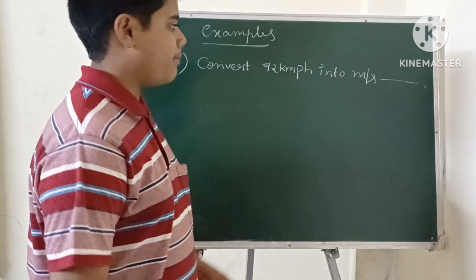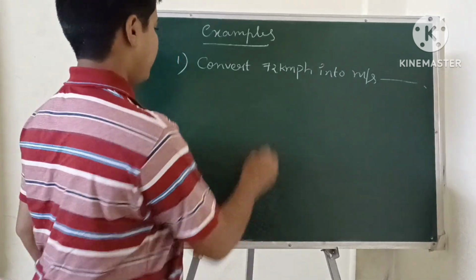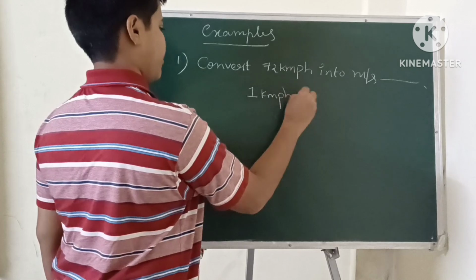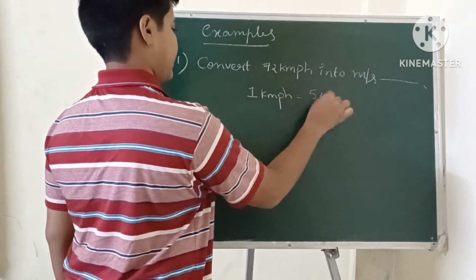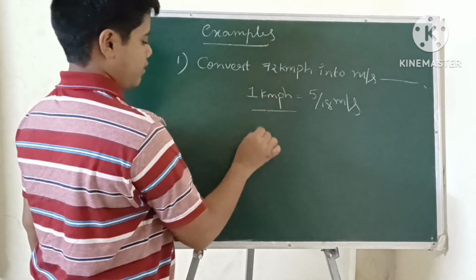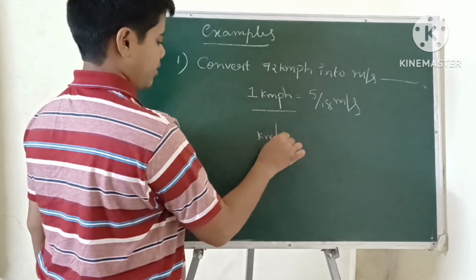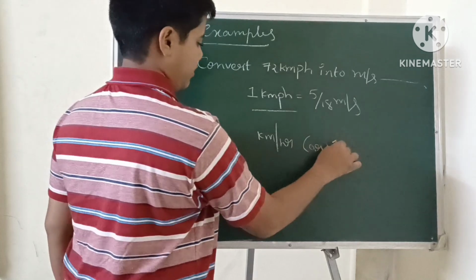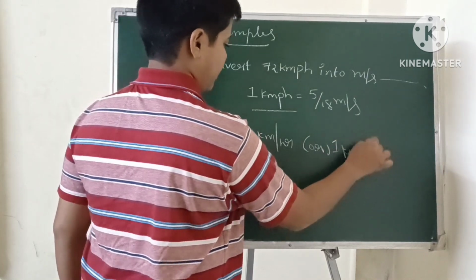Here we already learned 1 kilometer per hour equals 5 by 18 meter per second. We can represent 1 kilometer per hour like this.